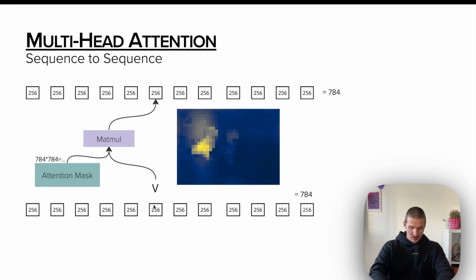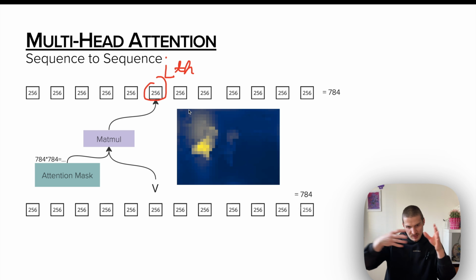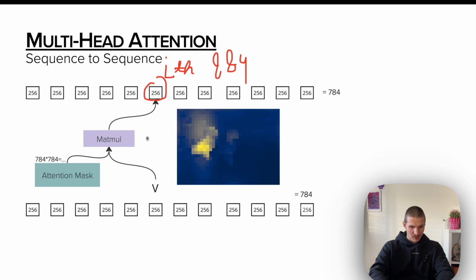Then we do this projection step again for every element in the sequence using the third dense layer, called value. And then we multiply that with the attention mask, which basically means that for a certain row in the output, for the certain element of the sequence, the ith, we look up the corresponding row in the attention matrix. It will have a bunch of numbers with the same length as the sequence, so 884 in our case.